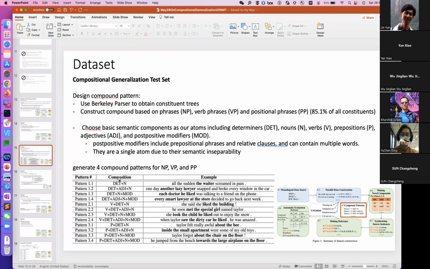What I'm asking is about atoms. This is a pattern for defining atoms or compounds. Compounds. But how to define an atom? Items are just like norm, verb. They use the Berkeley parser to directly get all the items.